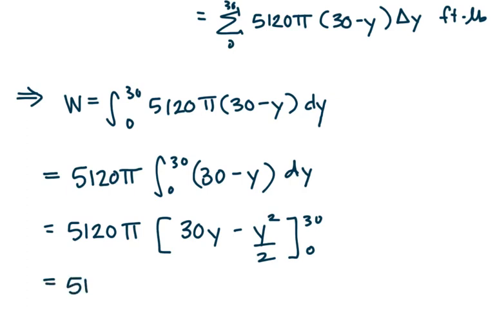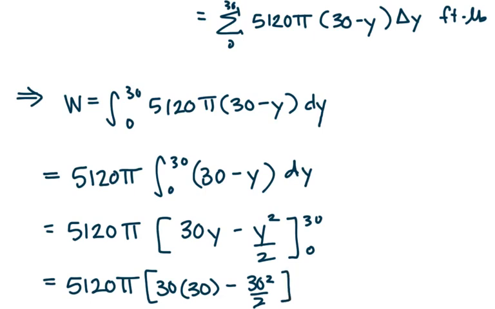So I end up with 5,120 pi times 30 times 30 minus 30 squared over 2, which in the square brackets there, we end up with 450. And multiplying that out, that's going to give us 7,238,229.474, and that would be foot-pounds.